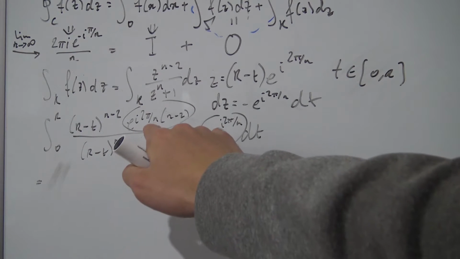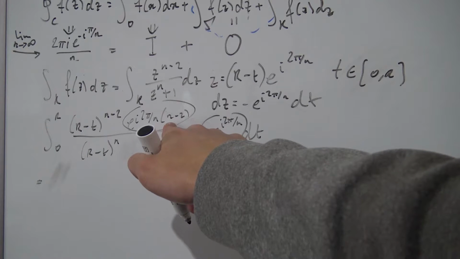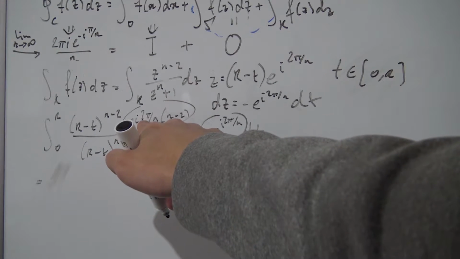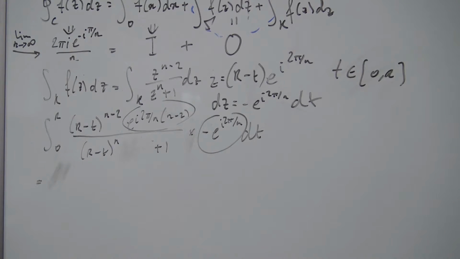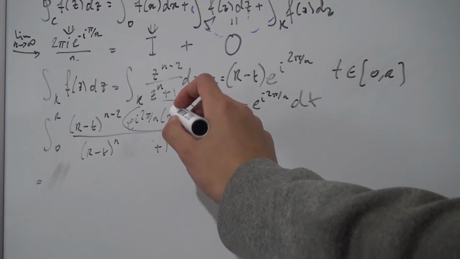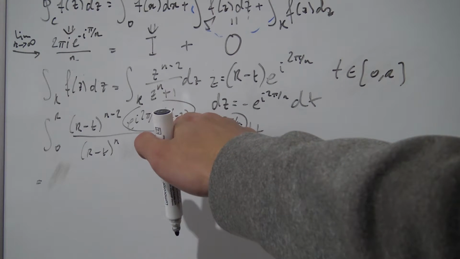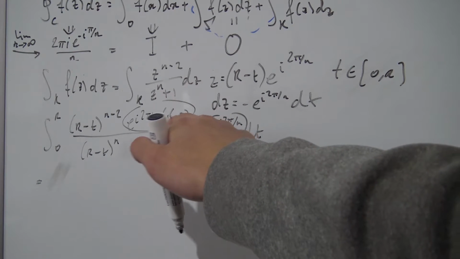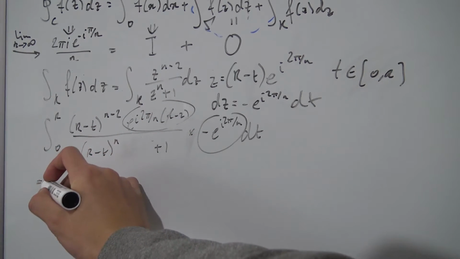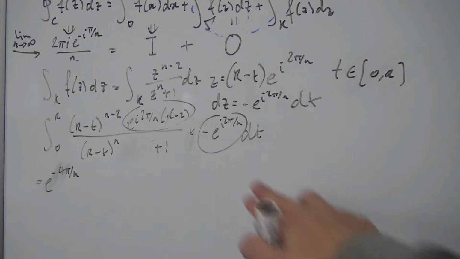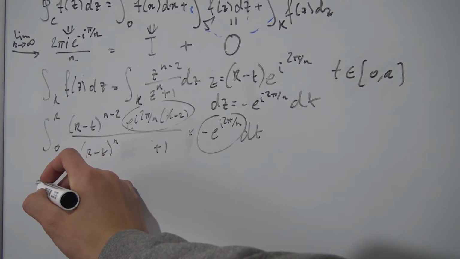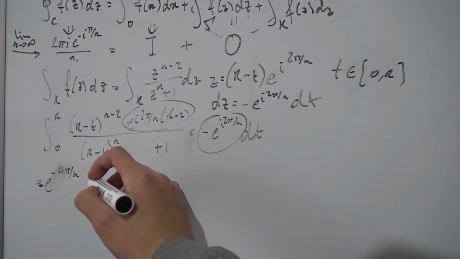We're going to get, let's actually expand out this bracket right here while we're at it. So I 2 pi over n times n, that's exactly I times 2 pi. But e to the I times 2 pi, that's exactly 1. So we can forget about this first n right here. And then we have a negative 2. If you multiply that into here, we're going to get e to the negative 4 pi over n. And then multiplied by this thing right here, we're going to have a negative in front right here.